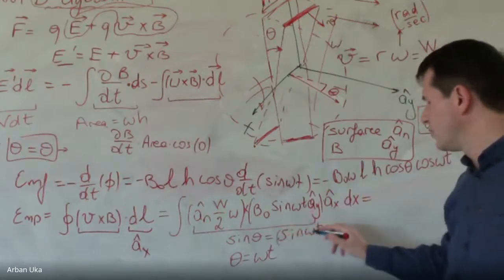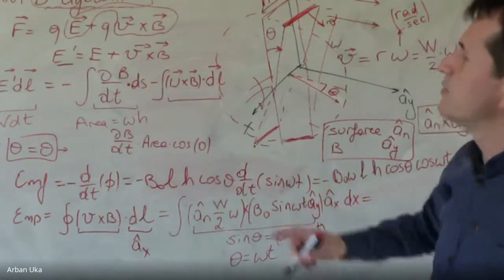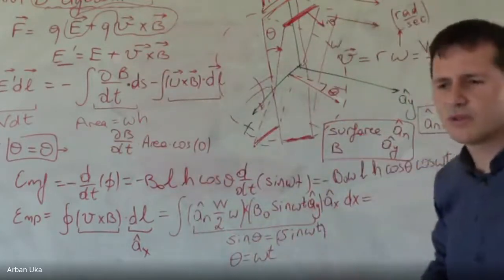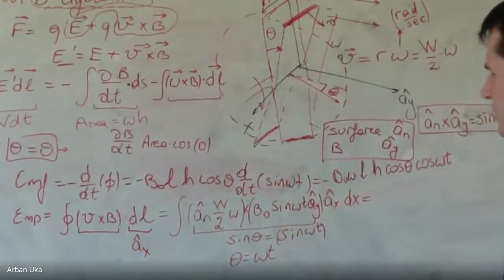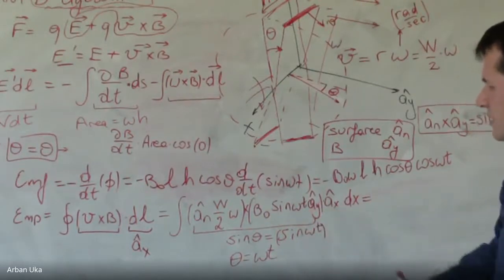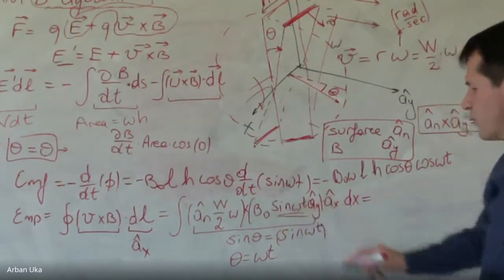So overall, if the magnetic field is oscillating with the frequency of omega, and the circuit moves with the frequency of omega again, in the end we're going to get a sine omega t squared. Okay?